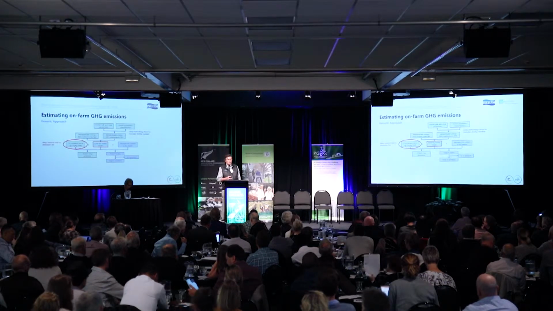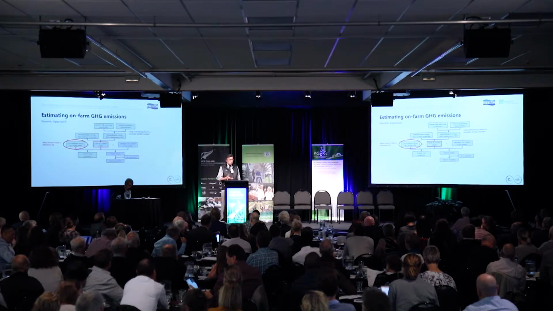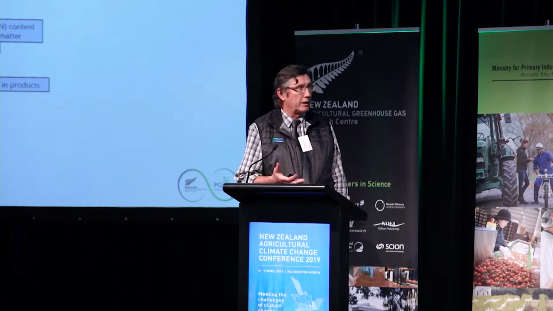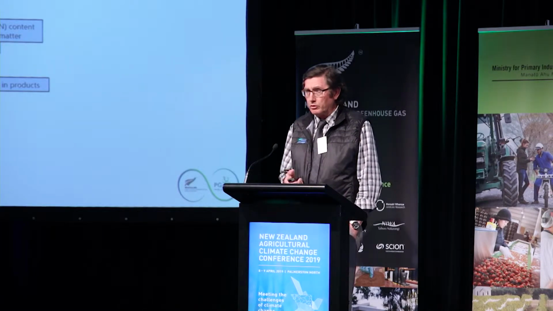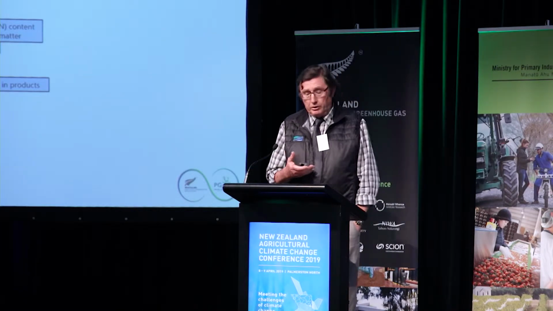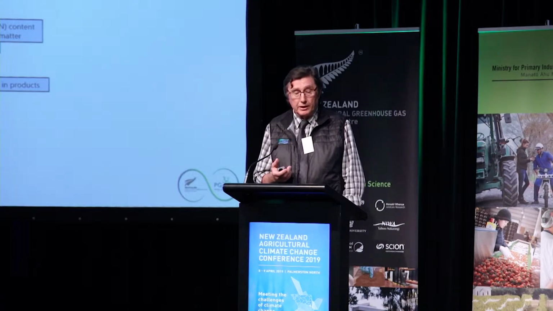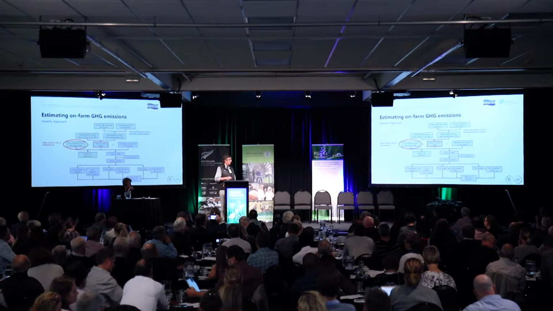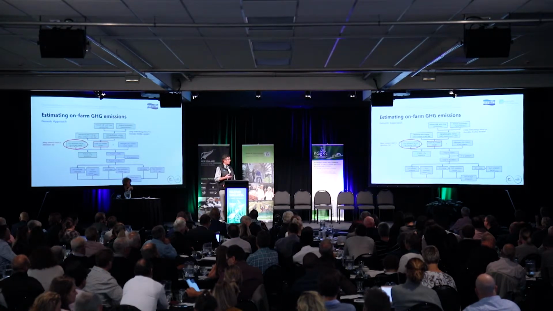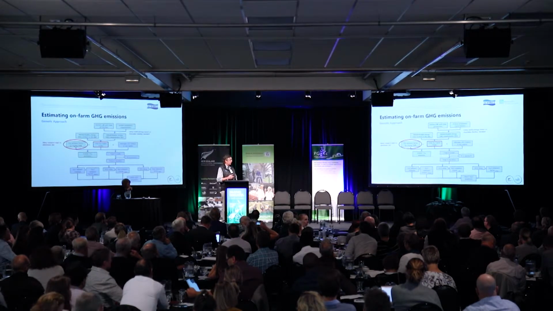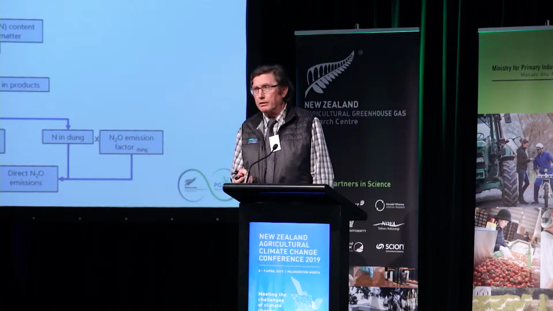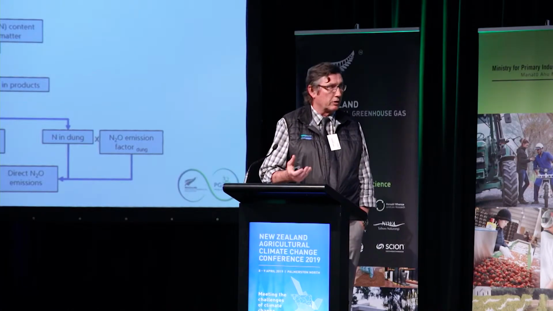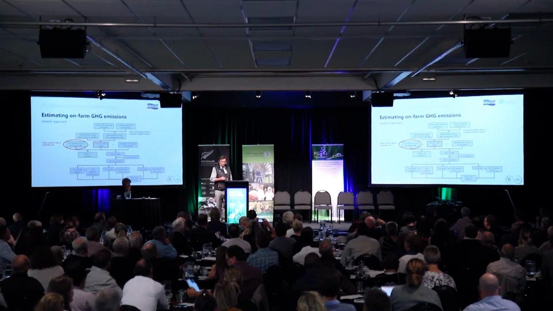And similarly on the nitrous oxide side, we've got an estimate of total dry matter intake. If you know the protein or nitrogen content of the feed, you can calculate total nitrogen intake. You know the amount of protein or nitrogen gone off in products, so you know the amount of total nitrogen excreted. And there's three factors to that in terms of effluent, urine and dung, which all have their individual emission factors.